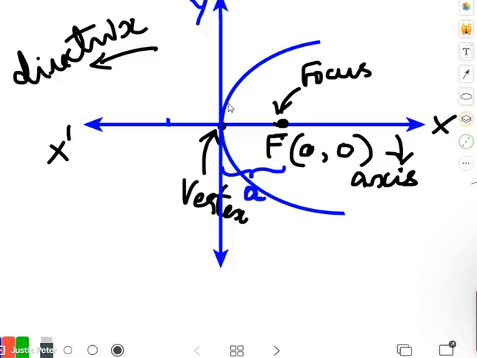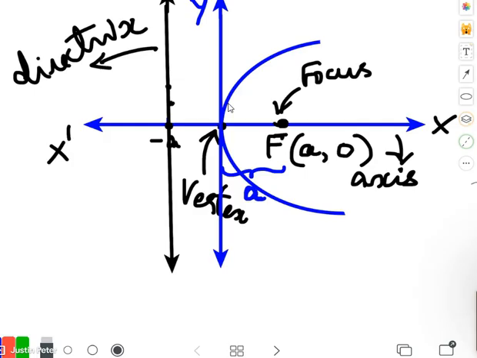Now imagine you have the fixed line at the same distance on the other side of the y-axis. This point is negative a, because it is to the left side of x.